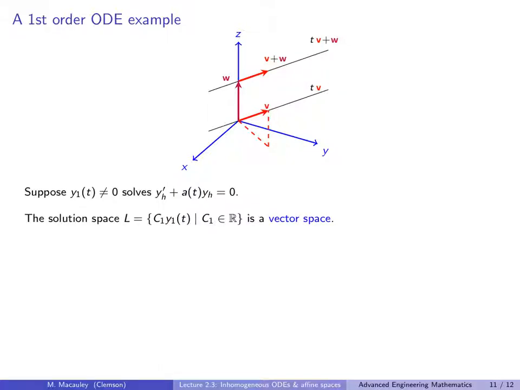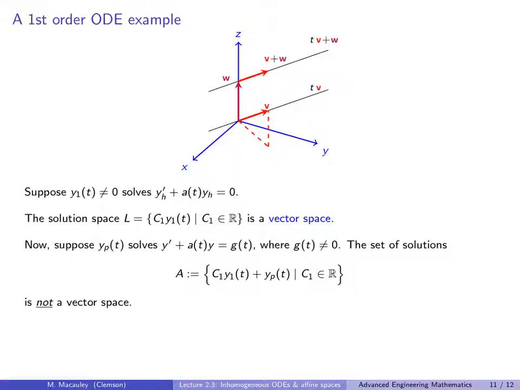The solution space to this homogeneous equation is a vector space. It's a set of all functions of the form c1 y1 of t. Now, suppose that yp of t is a function that solves an inhomogeneous equation that has this as the homogeneous part. So y prime plus a of t y equals g of t, where g is not identically 0.